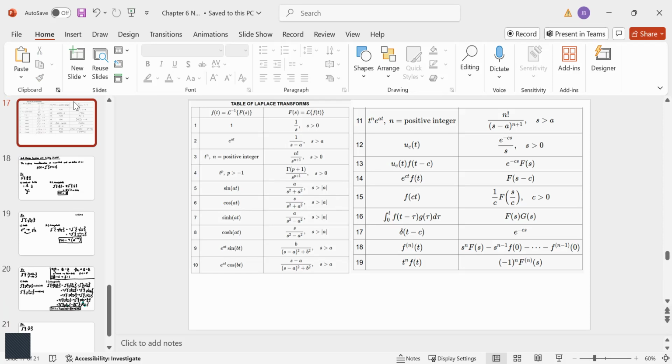You would see the gamma function in there, right? And for the t to the n e to the at, number 11, you'll have s minus a. I mean, you theoretically could do it with this one, and you would just get 0 for e to the at. So chances are it's going to be number 3, but theoretically it could be any of those.